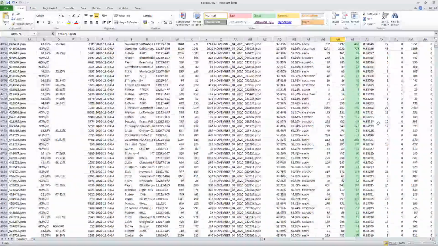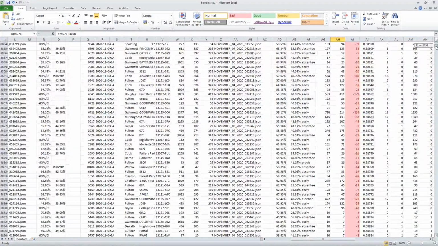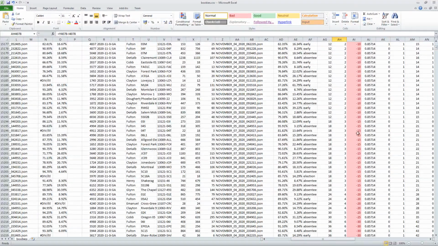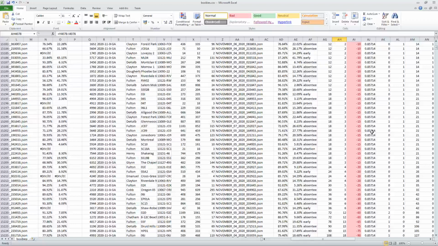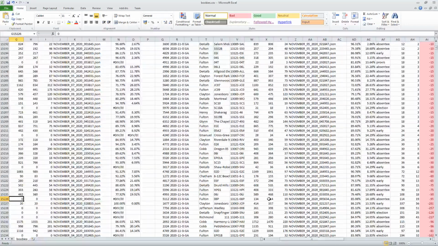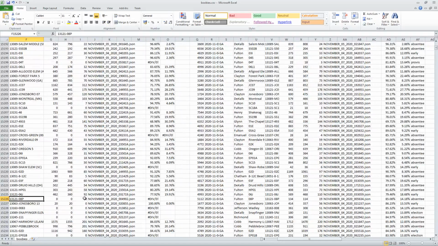But the problem with looking at the running totals is you don't see this. Again, here's a 0.85714 for Biden. A lot of these. But if you look at the previous votes in the precincts, it's not zero. So that starts here. If you look at the previous votes in the precinct, we're actually looking at this.